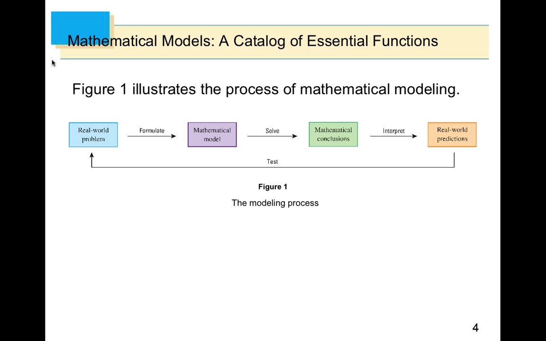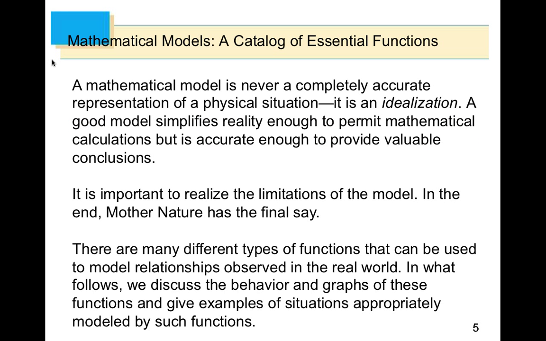Now, the thing that we have to understand is that a mathematical model is never a completely accurate representation of the physical situation. It's an idealization. A good model, and we use the word good very loosely, simplifies reality enough to permit mathematical calculation and is accurate enough to provide a valuable and viable conclusion, but it's not always going to be 100% accurate.